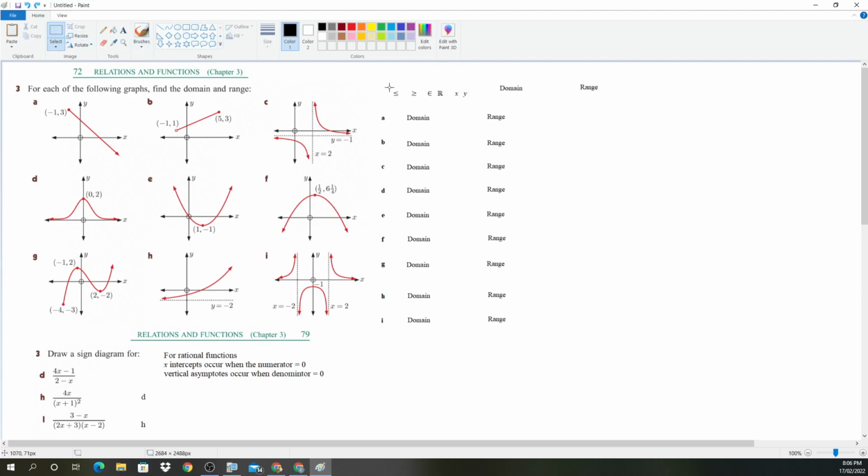Okay, so now the point of -1, 3 is included. So sorry, I should say -1. Yep, so that's the one I want. So x is greater than or equal to -1.